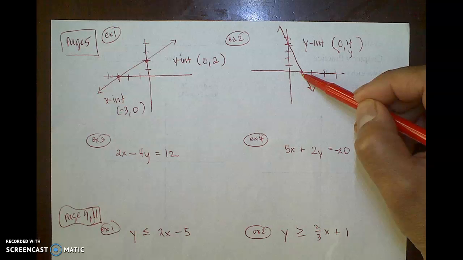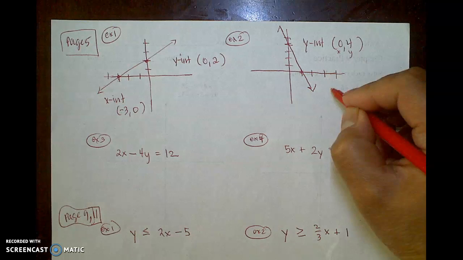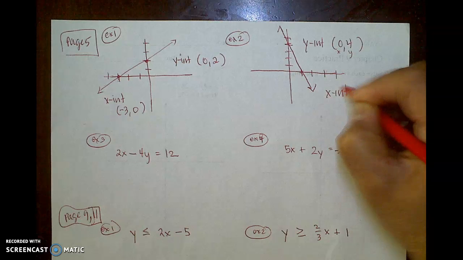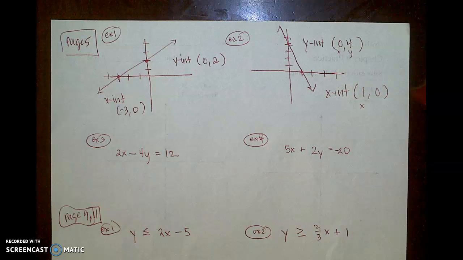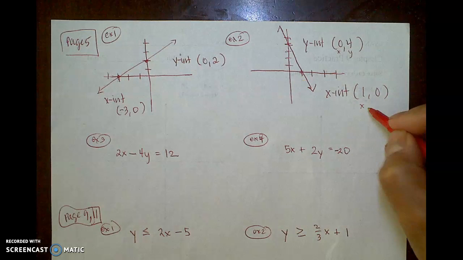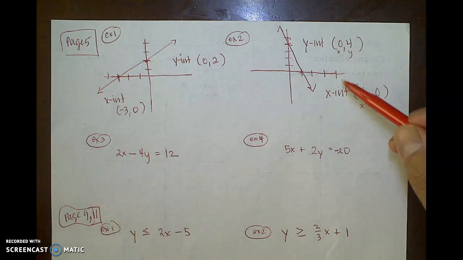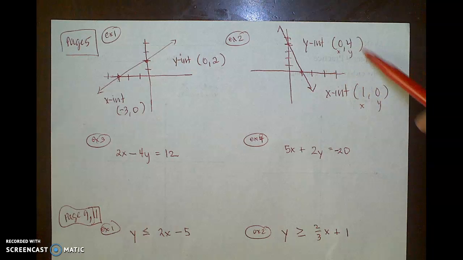Here it crosses the x-axis at 1, so the x-intercept is at (1, 0). The x number is 1 and the y number is 0. That's how you should write the answers for x and y intercepts for problems on page 5.